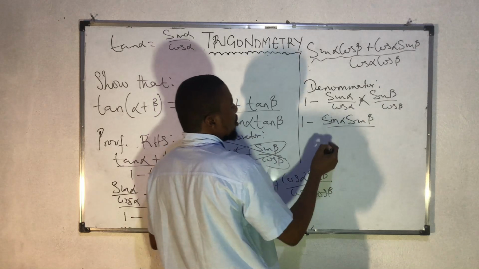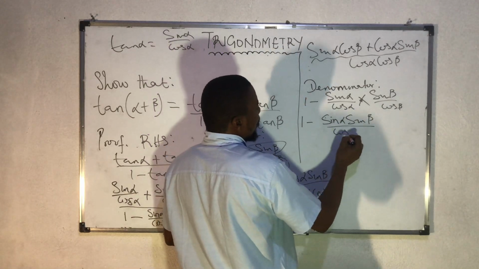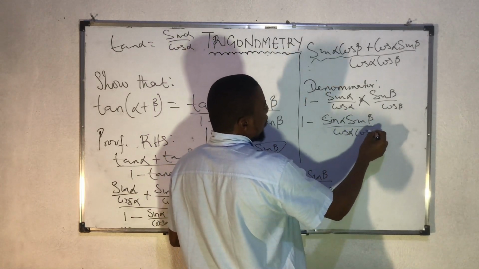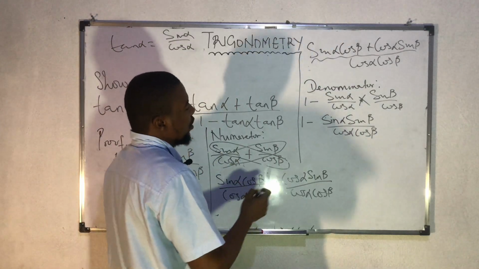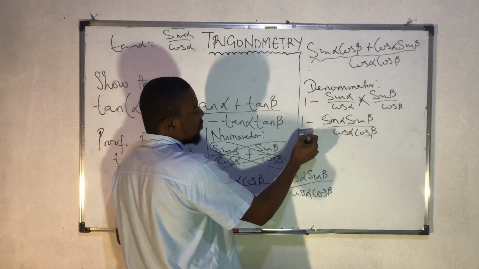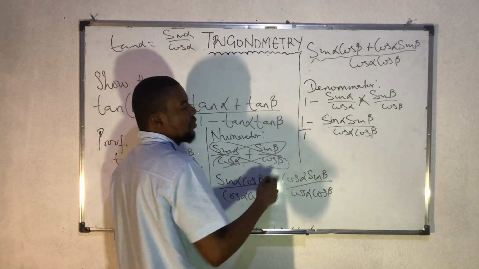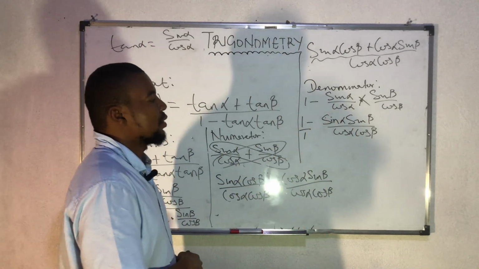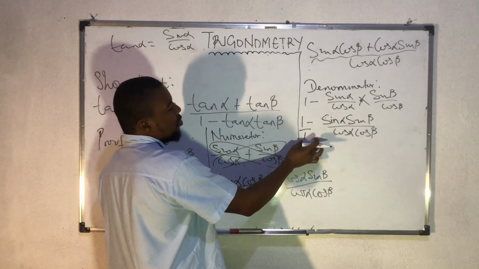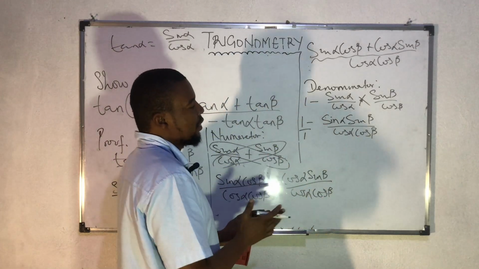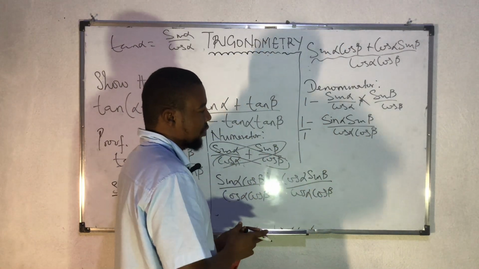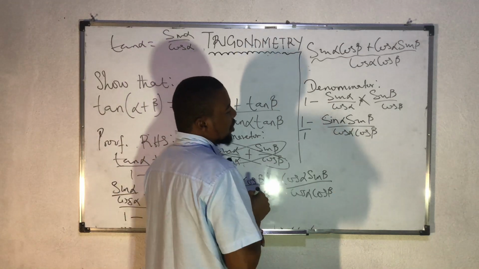Cos alpha times cos beta would give you cos alpha cos beta. We're not done yet. This one can be written as 1 over 1, since 1 divided by 1 is also 1. But this is going to be easier to work with so that we can multiply diagonally and combine them as a single fraction.